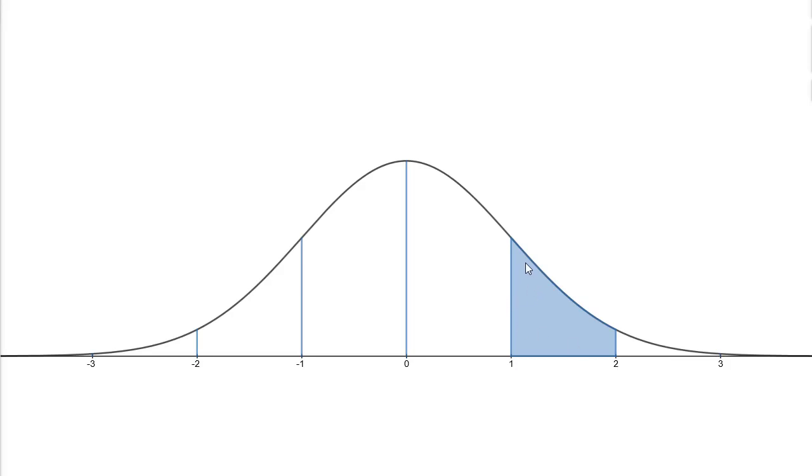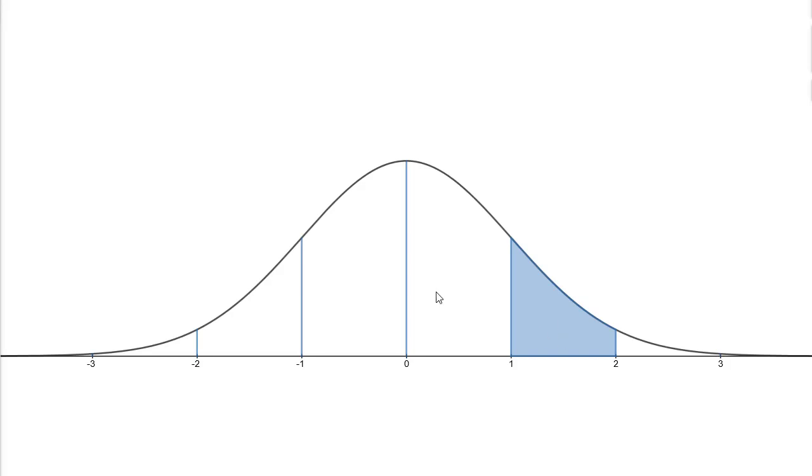The area shaded here indicates the percentage of data that is anywhere from 1 standard deviation above to 2 standard deviations above. The interval is the interval of values, but the percentage represents the amount of data inside that interval. This is how we can use the empirical rules to find further developments: for this interval, we have a way to find how much data is contained in there.